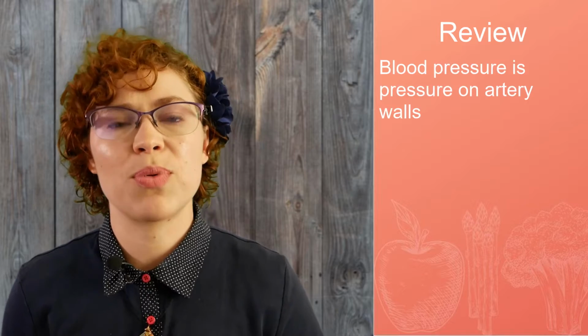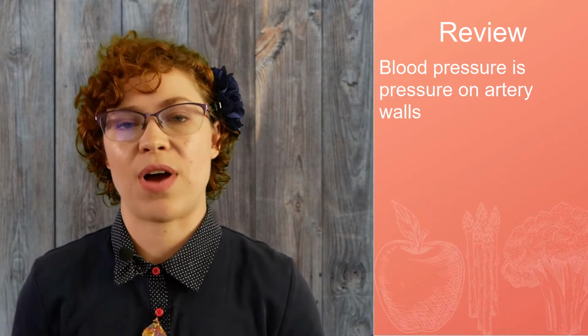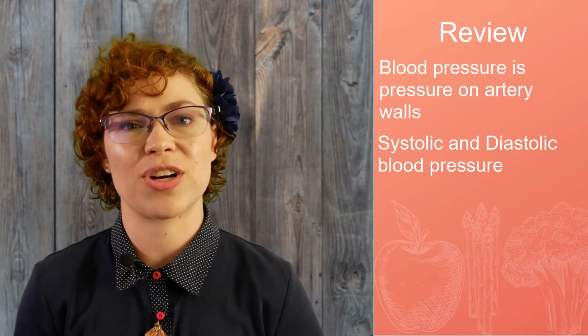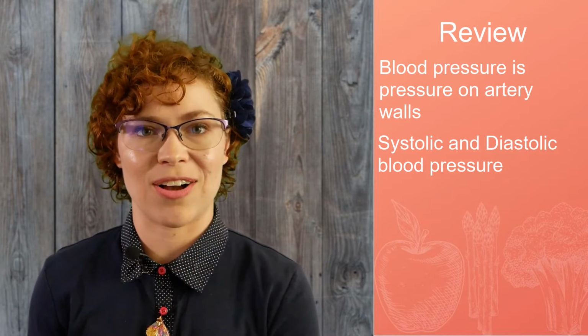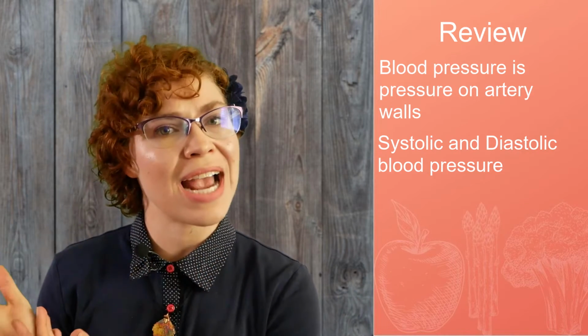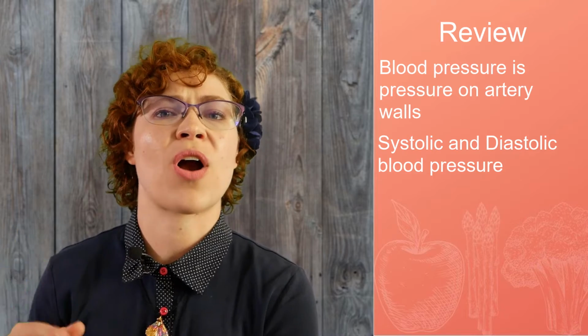Let's review what we learned today. Today we learned that blood pressure is the pressure of blood on the walls of our arteries. We also learned that there are two kinds of blood pressure, systolic and diastolic. Systolic blood pressure is when your heart is pumping. Diastolic blood pressure is when your heart is resting.